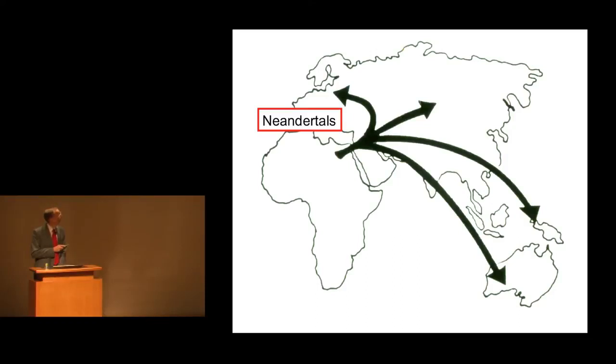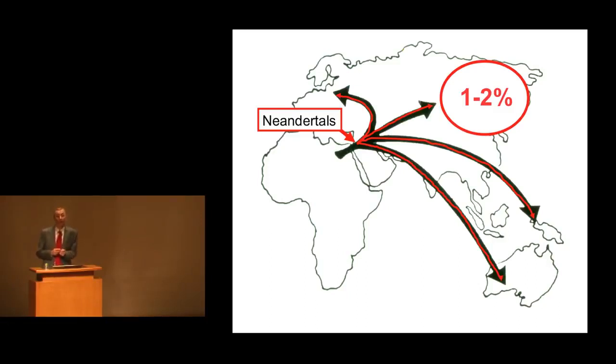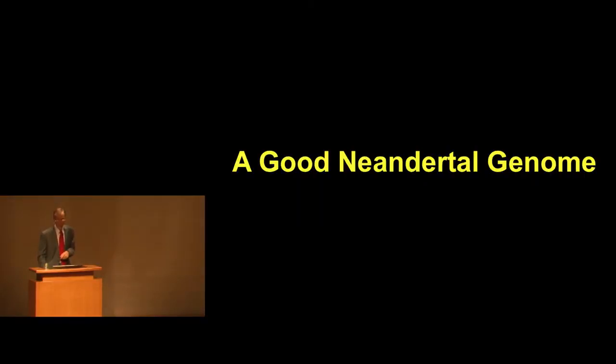So if these early modern humans mixed with Neanderthals and then became the ancestors of everybody outside Africa, they can sort of say have carried with them this Neanderthal contribution out to the rest of the world, to the extent that between 1% and 2% of the DNA of everybody outside Africa today come from Neanderthals. It now turns out it's a more complicated story than this. There are more events of admixture with Neanderthals, and I'll mention that briefly in a few minutes.